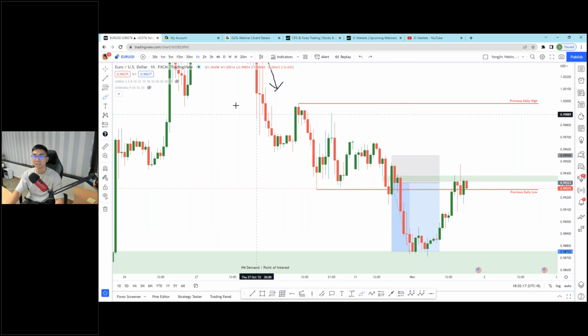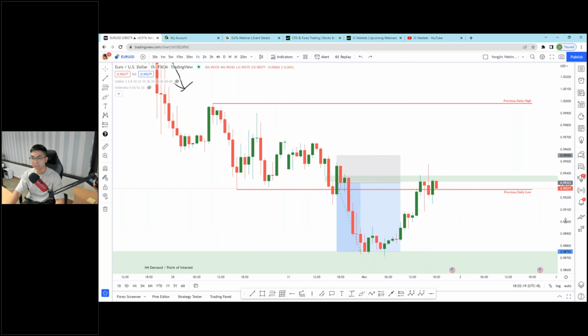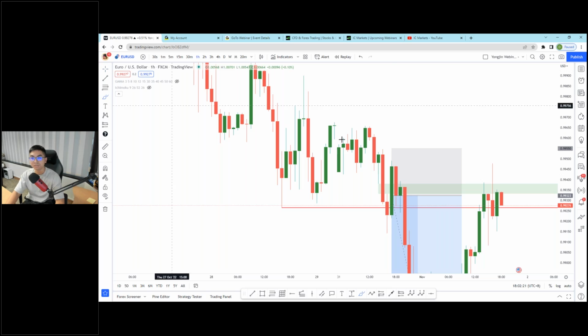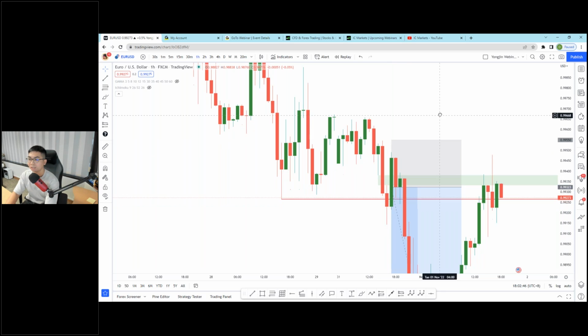Yes, that might be a bit technical, but if you look carefully at this area, price has already cleared the market imbalance. So I took this entire area as market imbalance cleared. This area should be a respected high just because it cleared the market imbalance. So I set my stop loss right there, and my entry was just there.